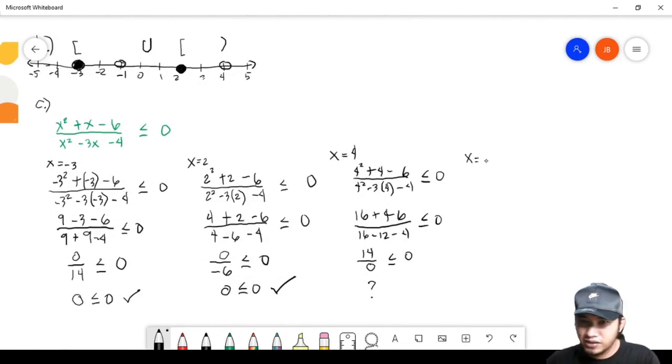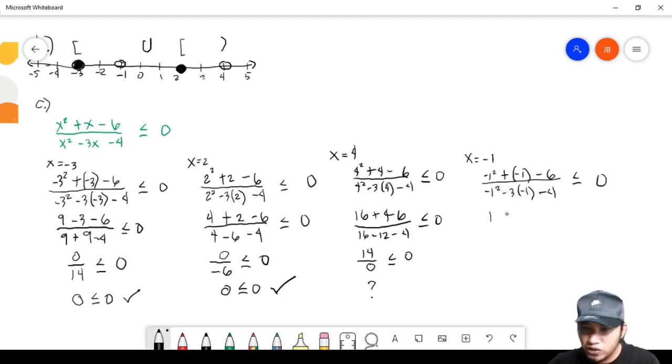At x equal to negative 1, our inequality is negative 1 squared plus negative 1 minus 6, all over negative 1 squared minus 3 times negative 1 minus 4, is less than or equal to 0.